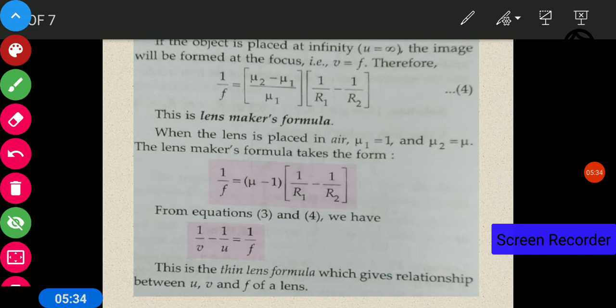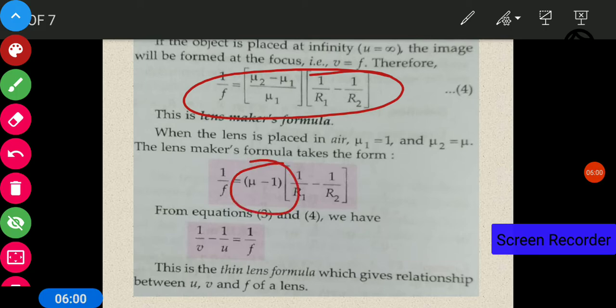But it is better if you remember the formula in the earlier form, that is mu2 minus mu1 upon mu1, because in numericals the question may change, in which the lens is placed in some other medium instead of air. If you remember the air form only, you may make a mistake, but if you remember the general form, you will not make any mistake.